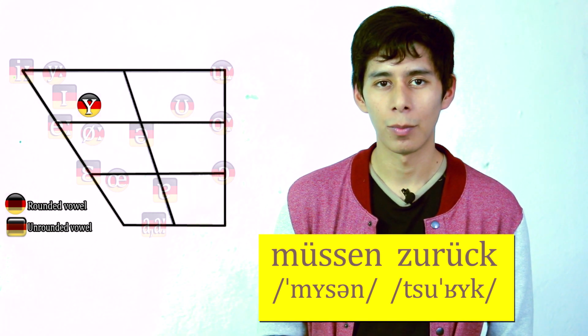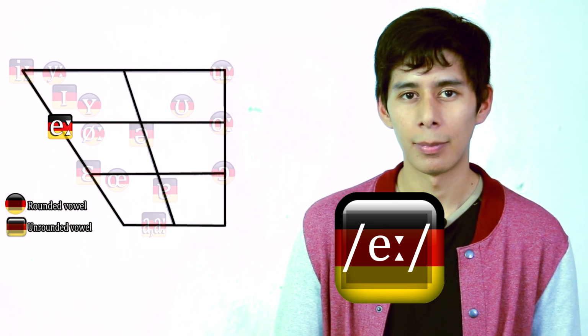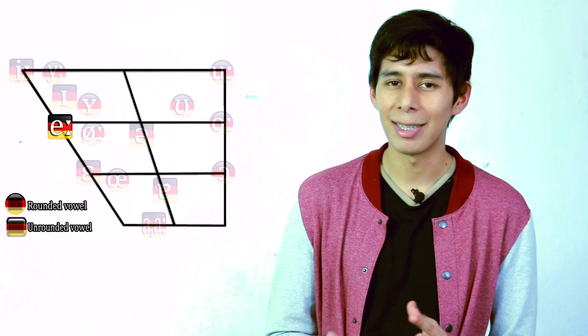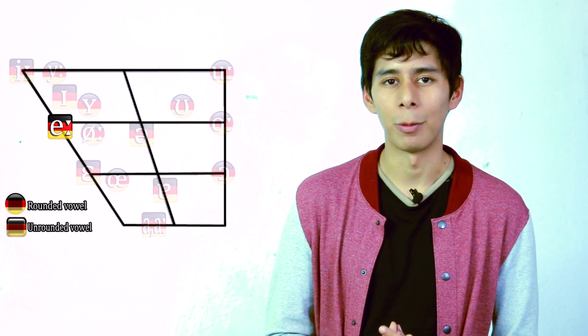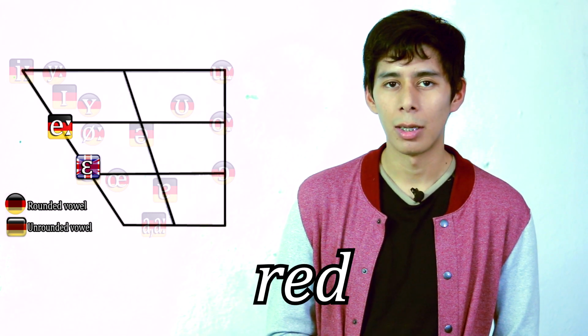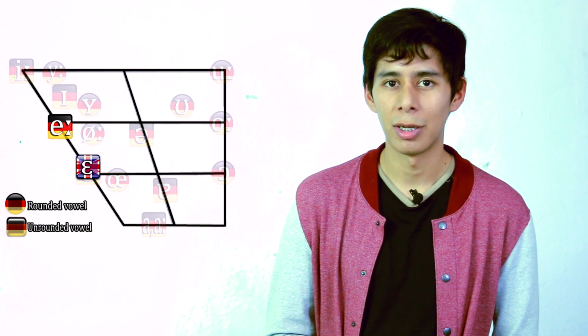The next vowel is the long e. We can hear this is a long vowel sound, and perhaps that can be difficult for English speakers because this sound does not exist in English, at least not exactly as an English vowel, but it is very close to the e sound in a word like red, but I would say pronounced with the mouth more closed.